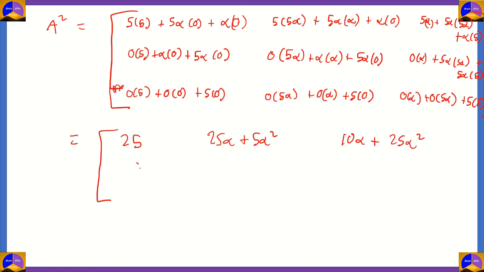So next it's 0. Over here it's also 0, both those terms. Then we have alpha squared in the middle, and then 0 here, and then we have 25 alpha squared plus 25 alpha.